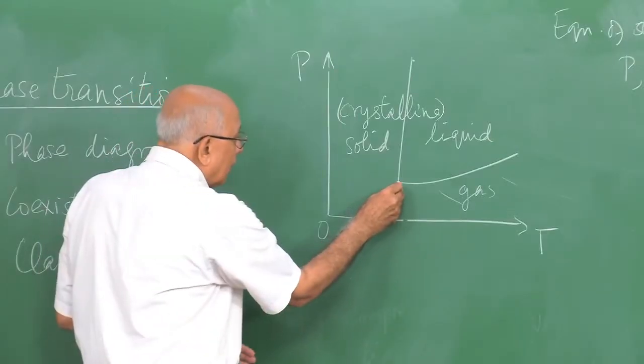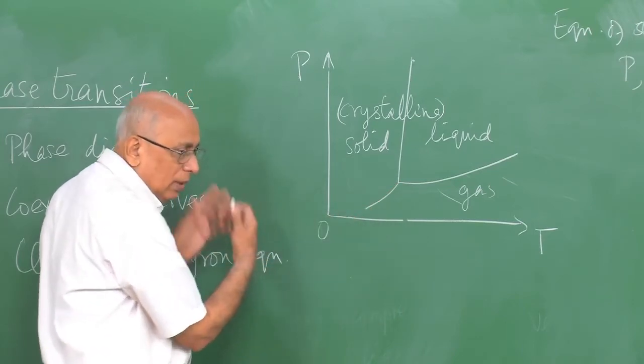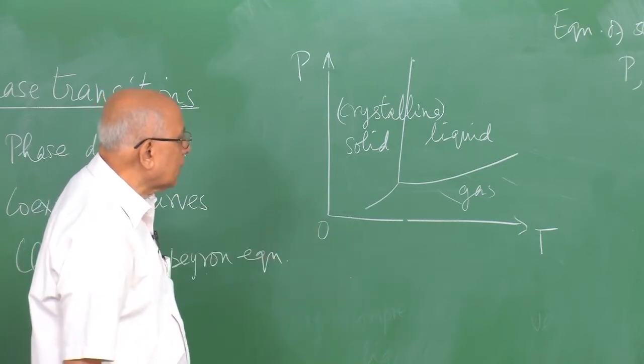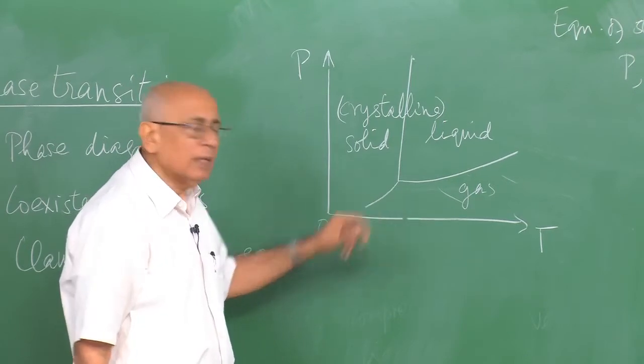And there is a further curve which goes down here. Schematically it actually cuts here and then it becomes a solid at the lowest of temperatures, but schematically this is all that we are interested in at the moment, which separates the solid phase from the gas phase here.